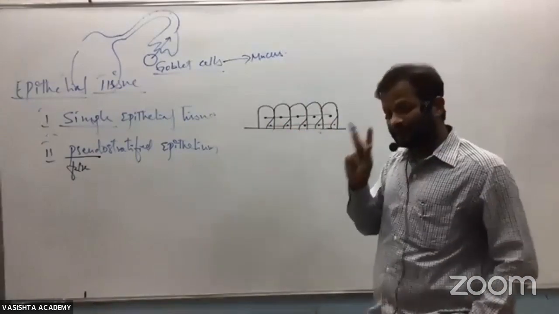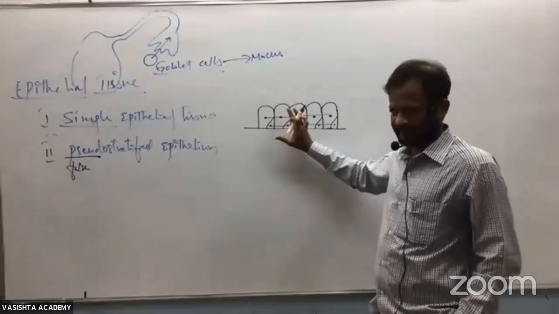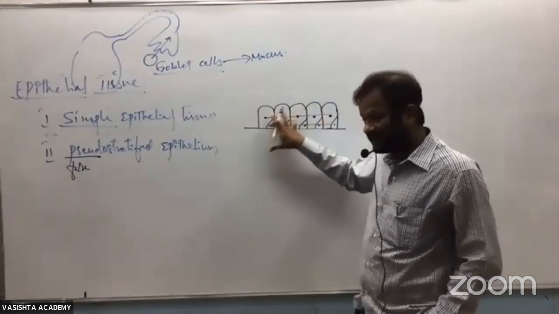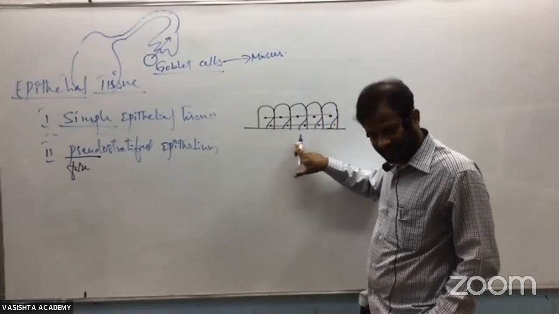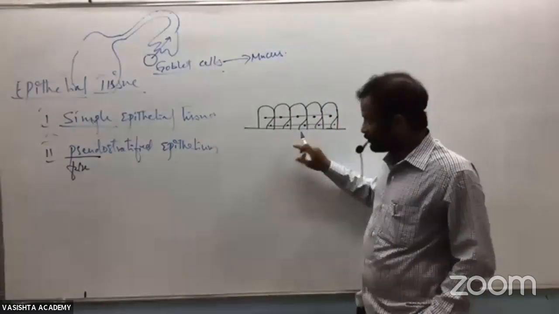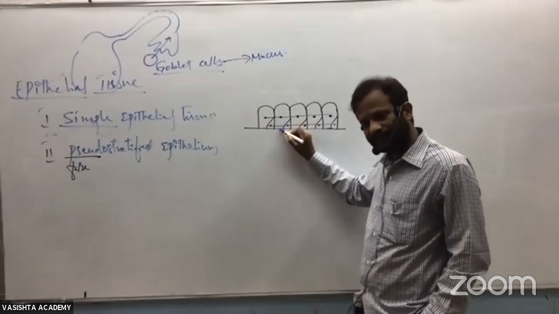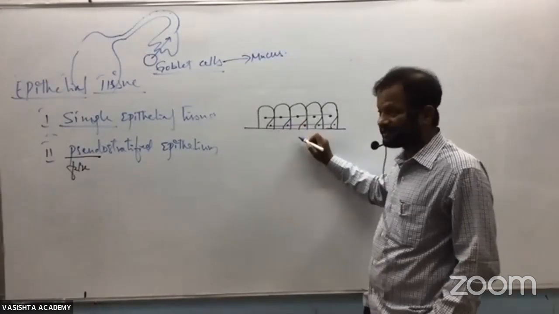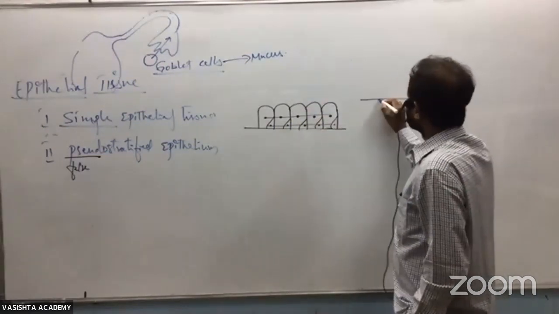There are 2 types of cells here. Some are smaller, some are bigger. All the cells, bigger and smaller, are contacting the basement membrane. So small cells are attached to the basement membrane. The bigger cells are also attached to the basement membrane. What is the meaning? They are presenting a single layer. Now I will show another diagram.